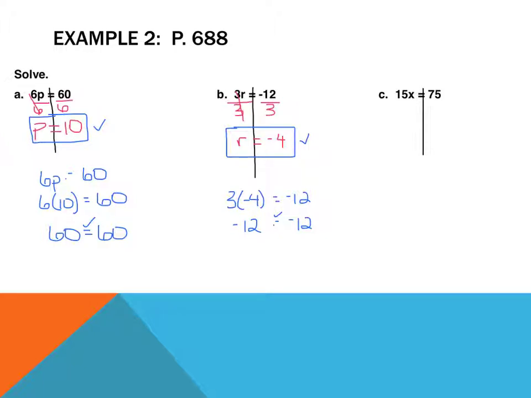On example C, 15 times x equals 75, so we'll divide both sides by 15, and 75 divided by 15 is 5. So then 15 times 5 equals 75. 5 times 5 is 25. 5 plus 2 is 7.